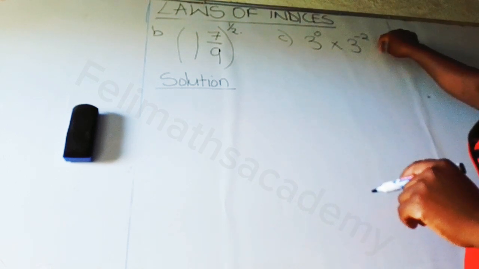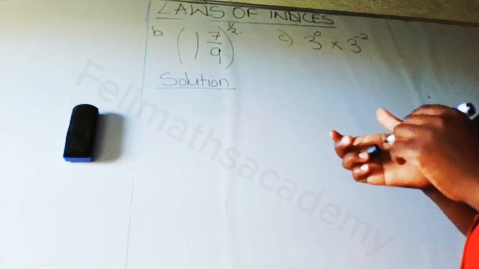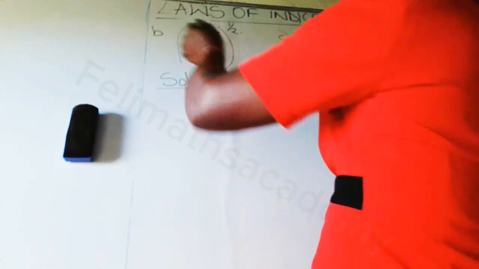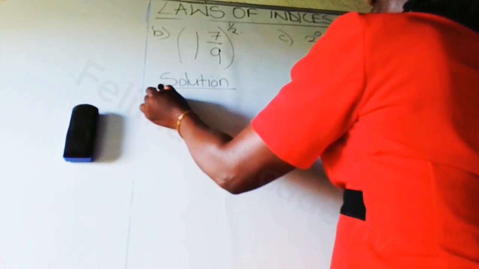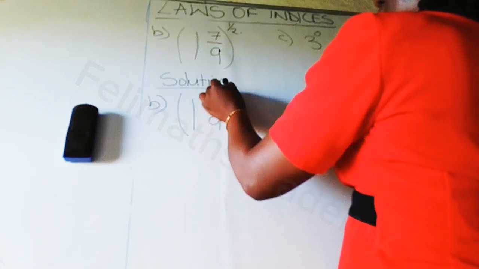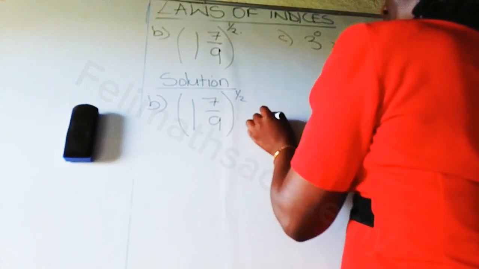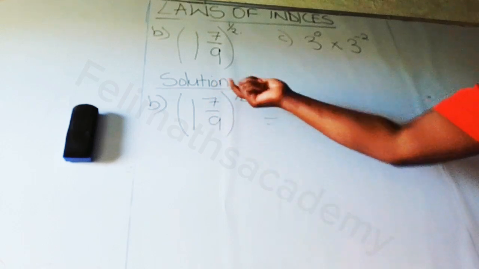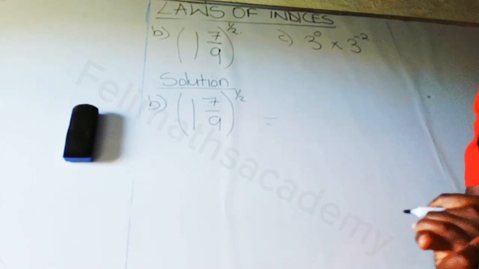That's our C part. The B part: 1 and 7 over 9 to the power half.